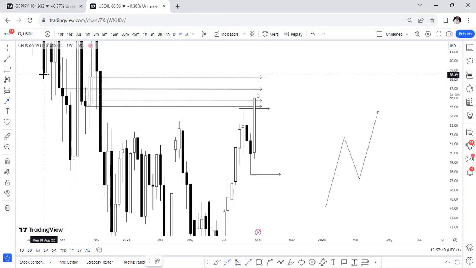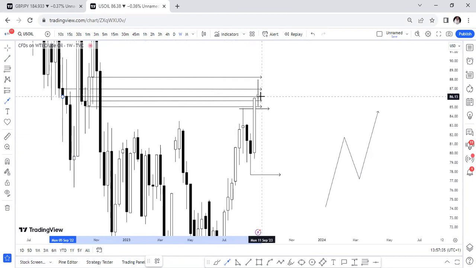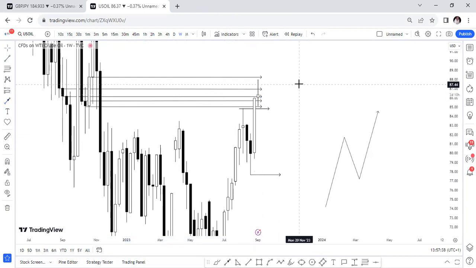This is the job. Touched, broken through, touched, fresh. So at each level of this, you can see price will react.